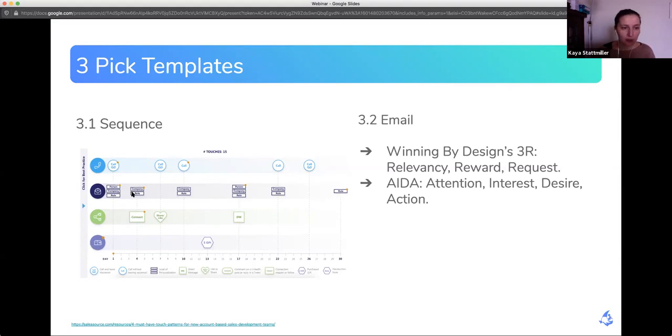But here they also give you a suggestion on what to focus on in each email. They are saying you need to speak to the persona, speak to the company, about the company role, and then again company role, persona, company, and so forth.